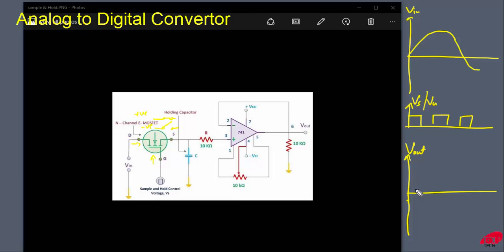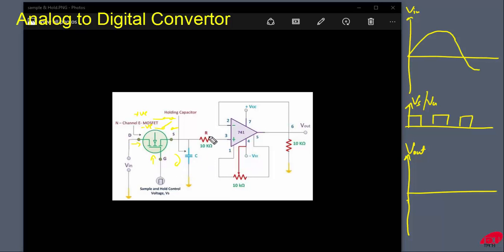So what will happen here is when the MOSFET acts as a closed switch, the analog signal applied through the drain terminal will be fed to the capacitor, and the capacitor will be charged to its peak value. And when the MOSFET switch is opened, that is when the gate or control voltage is low, then the capacitor stops charging, and then the capacitor would discharge.